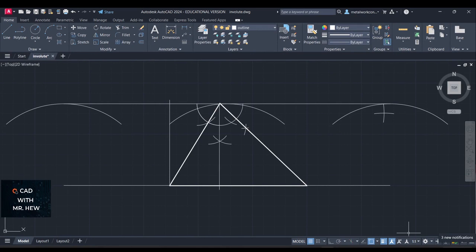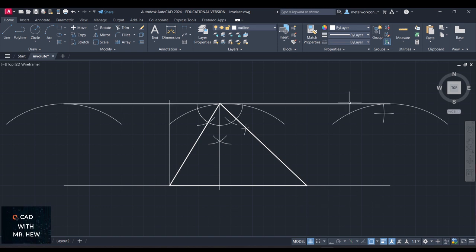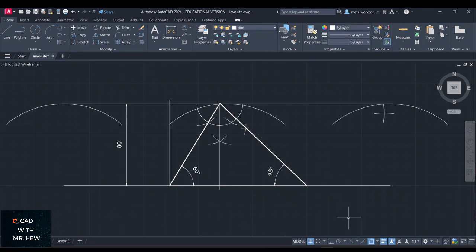All right, so in today's video, as we mentioned, we're required to construct a triangle given the altitude, which is this distance, and the two base angles, which is this angle and this angle. So in our video today, the dimensions that we're using, the altitude is 80 millimeters.